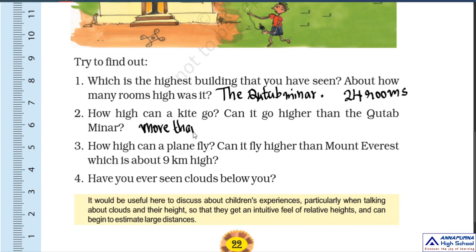And the Qutub Minar is how much? 72 meters high. More than 100 meters. So obviously, can it go higher than the Qutub Minar? Yes. A kite can go higher than the Qutub Minar.